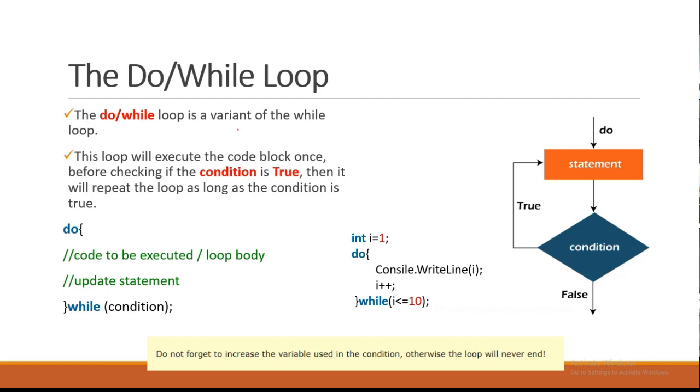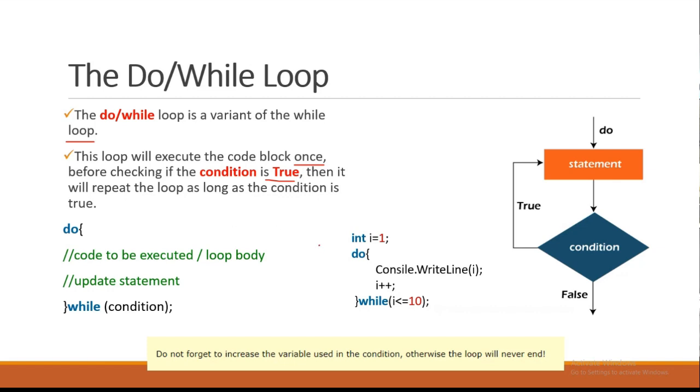The do while loop is a variant of the while loop, and this loop will execute the code block minimum once, before checking whether the condition is true. Even if the condition is false from the starting value, our loop will be executed once, because it will check the condition later.